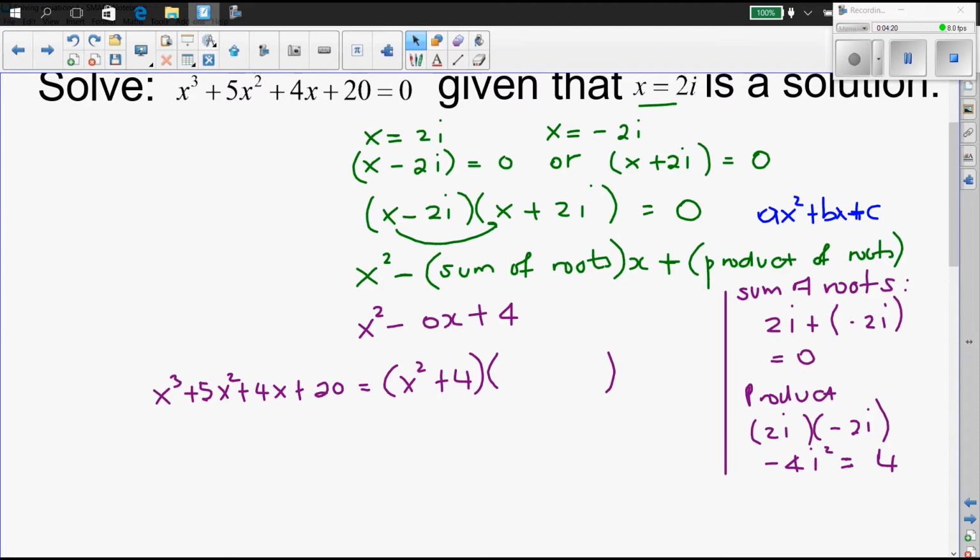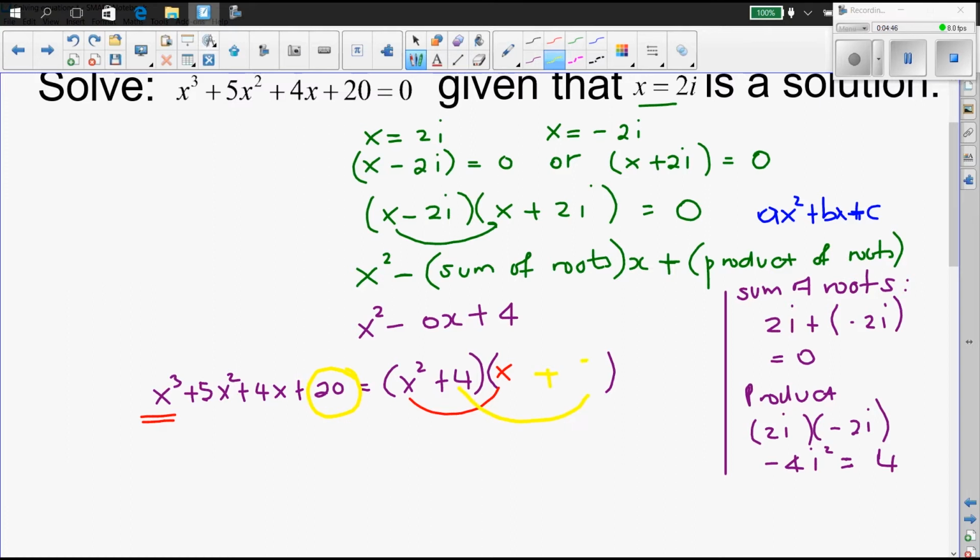Remember, with the inspection method, we focus on the coefficient of x cubed and on the constant. I have 1x cubed, so x squared must be multiplied by 1x to give me 1x cubed. The next thing I'm going to look at is my constant. My constant has a value of 20, so I ask myself, 4 times what gives me 20?